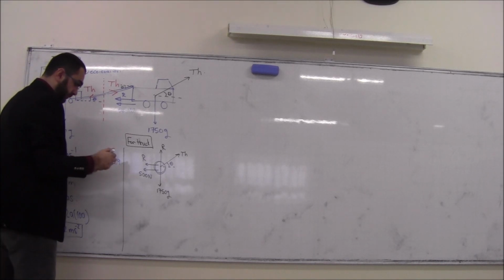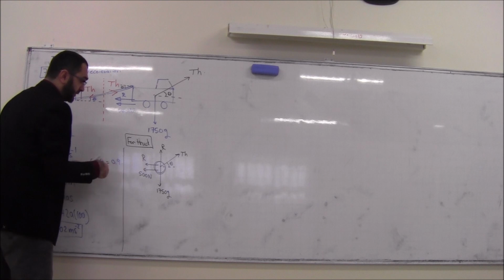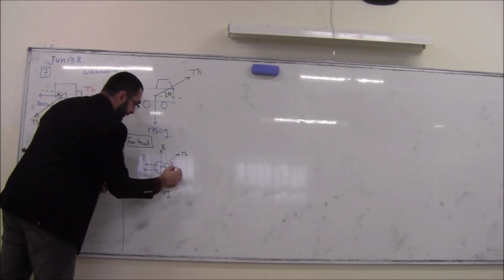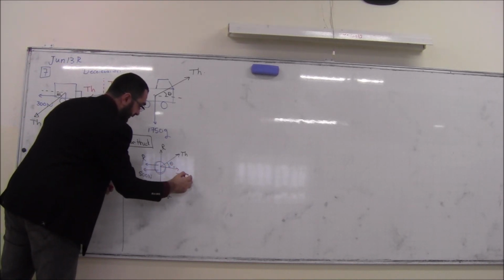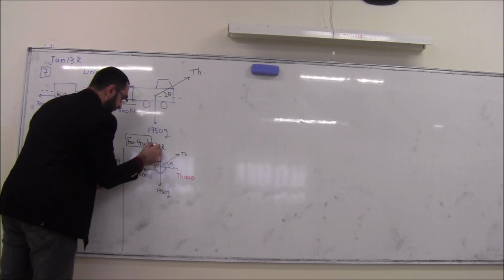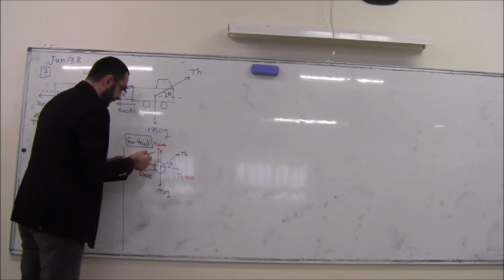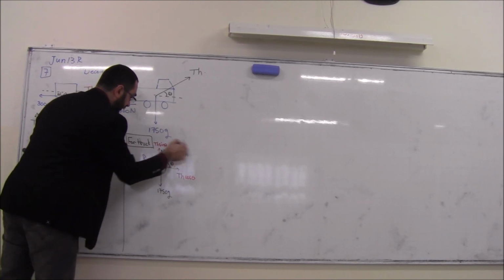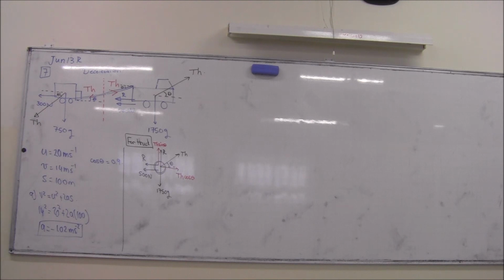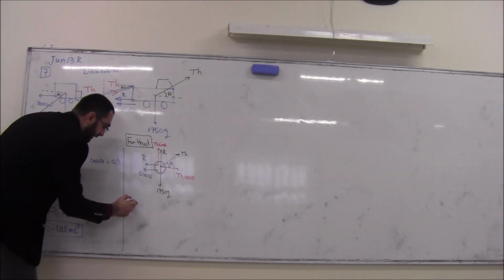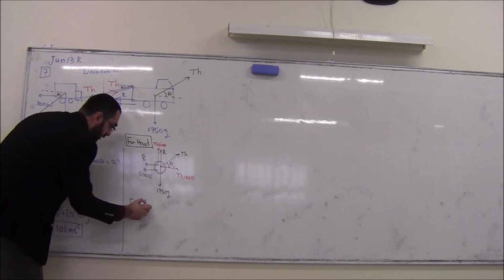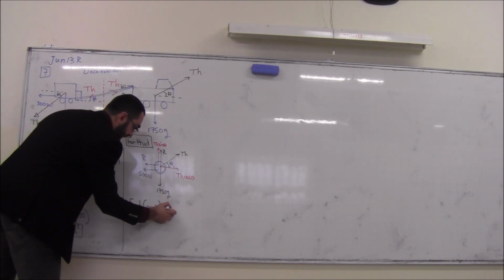Now what I have to do is resolve this force. Here, thrust cosine theta. Here, thrust sine theta. Here, R. Any question about this? Equation of Newton's second law, equation of motion: F net forward equals ma.